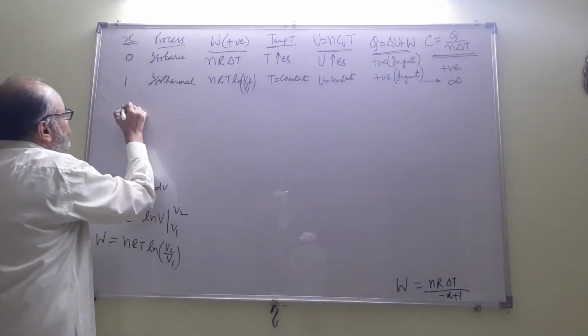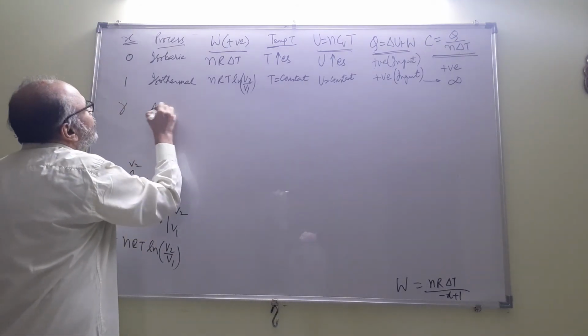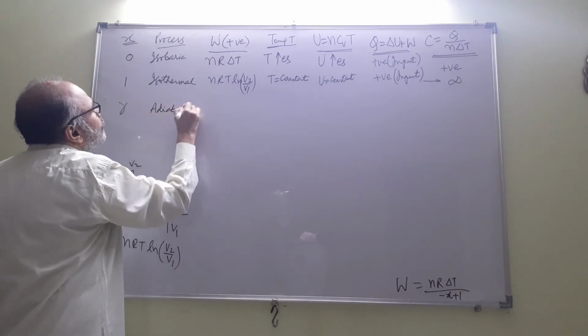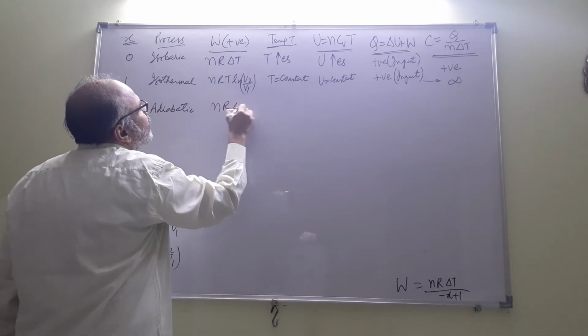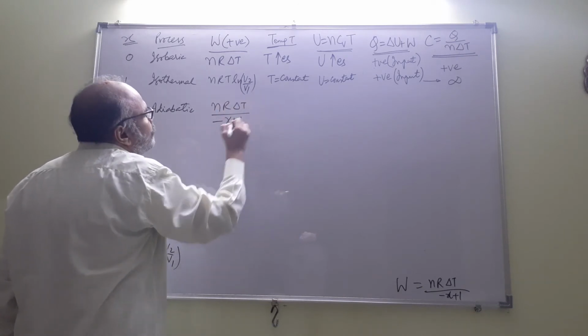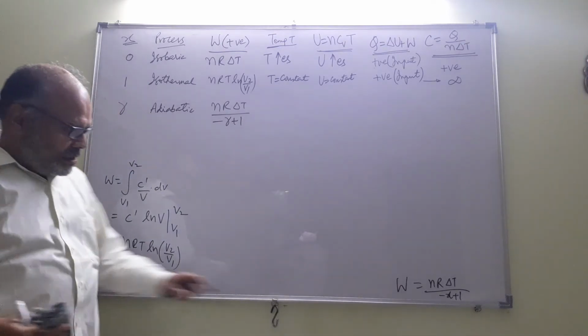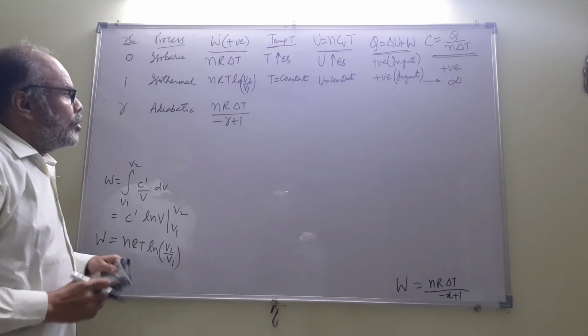So next is when X is gamma, this is an adiabatic process. In an adiabatic process, the work will be nR delta T by minus gamma plus 1. Instead of X, we have put gamma.